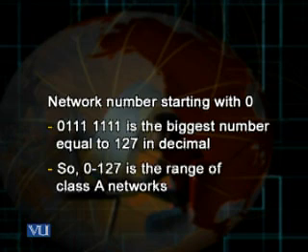Please notice that in the second byte, if I keep playing with the numbers, there are 2 raised to power 8, or in other words 256 different possibilities or combinations of zeros and ones which I can draw from this second byte, and at the same time I can keep constant the numbers in byte number 3 and 4. So from byte number 2 alone, I can extract 2 raised to power 8 or 256 different host machine addresses.